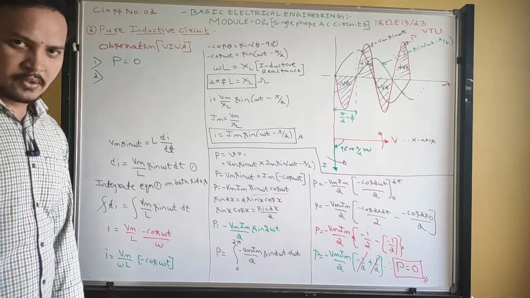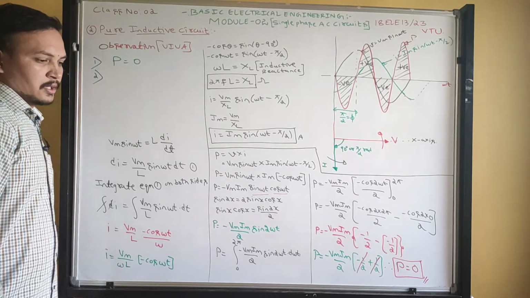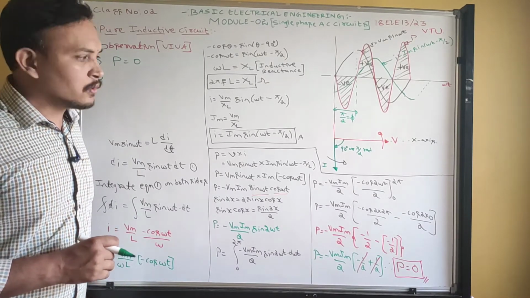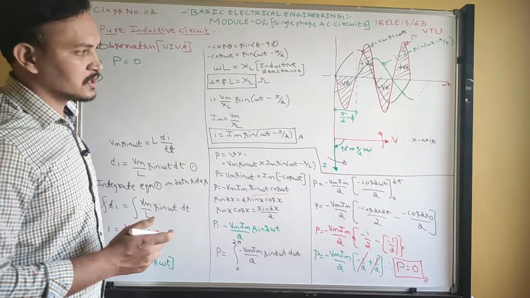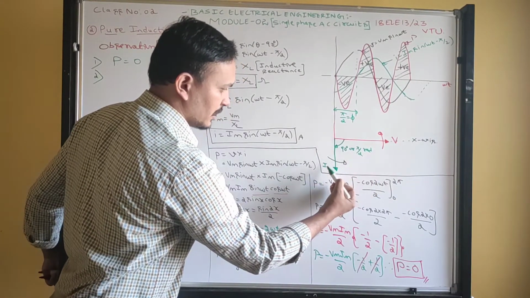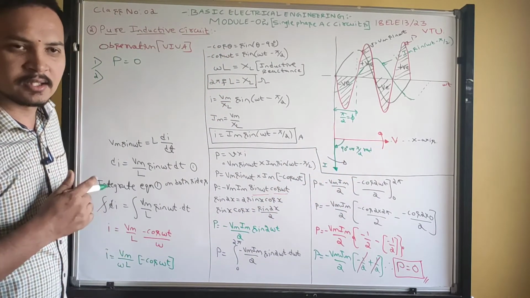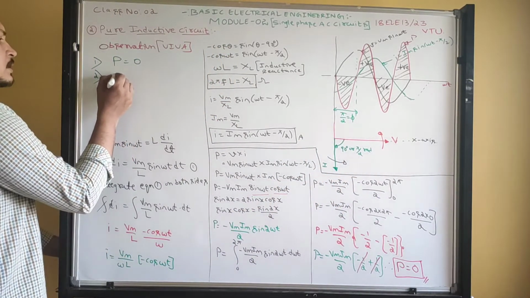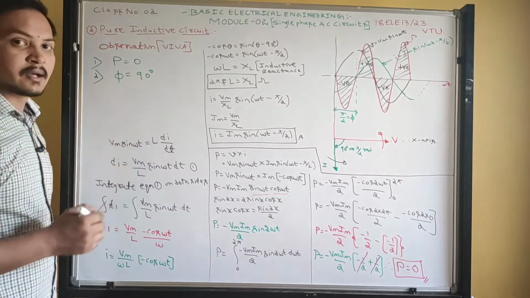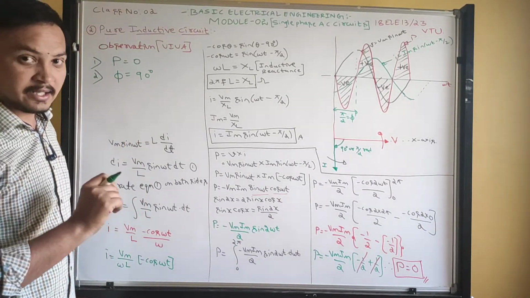In pure inductive circuit, the phase angle between voltage and current. See, look at here. What is the angle between them? 90 degree. In pure inductive circuit, the phase angle between voltage and current is how much? 90 degree. Write neatly.